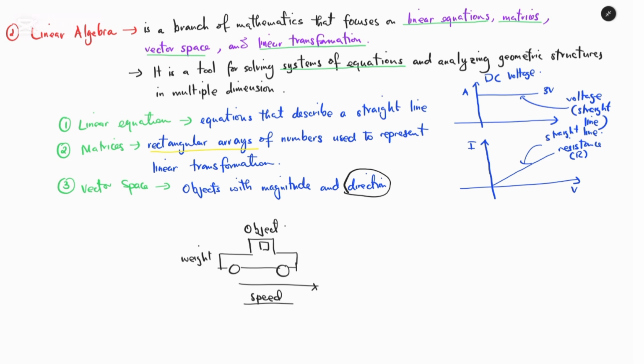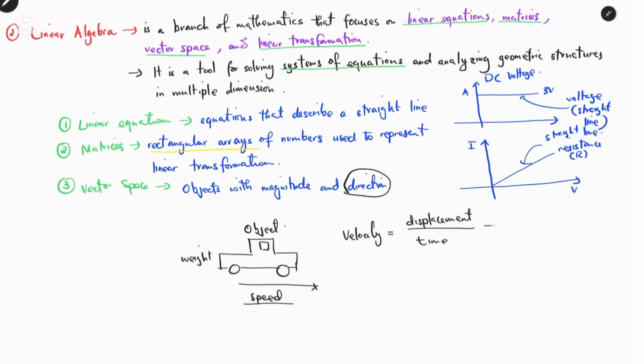So in most cases, it is regarded that we have to use a vector quantity to represent the magnitude of the speed and the direction of the vehicle. So when describing the speed, we can say it is the velocity, which is equal to displacement over the time.